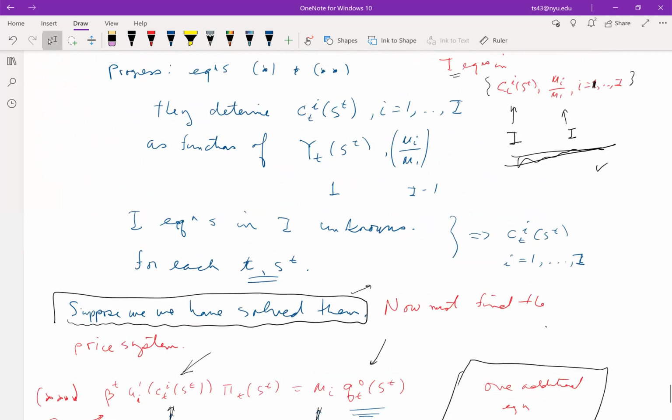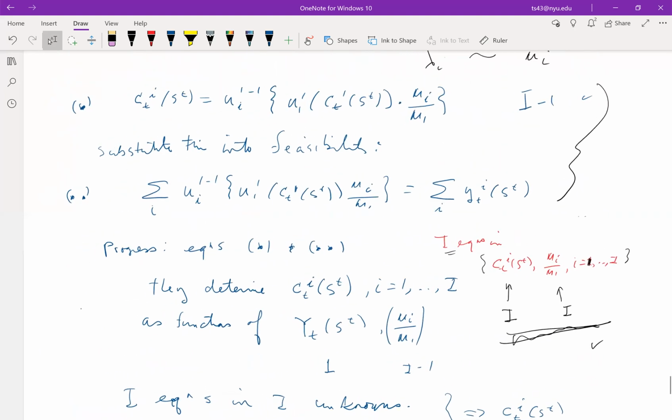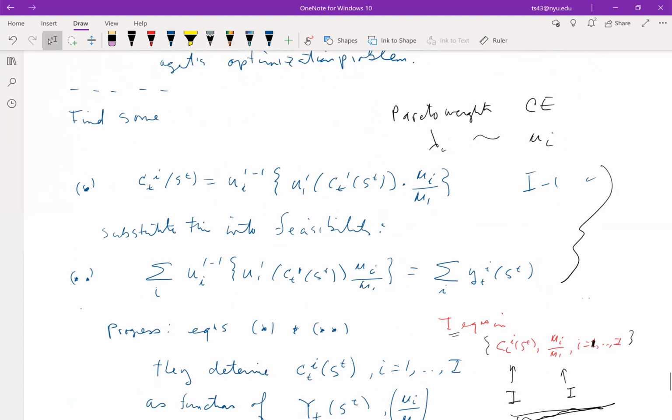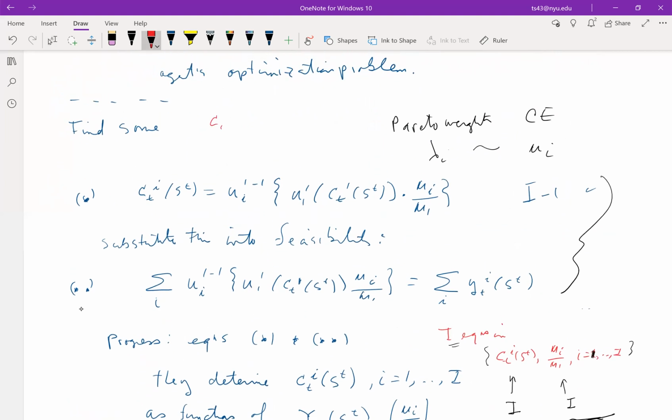So here's what I'm doing. All the structure of these equations. I'm looking for an allocation, and I'm just focusing on the component at a particular s^t. I'm just looking at that.